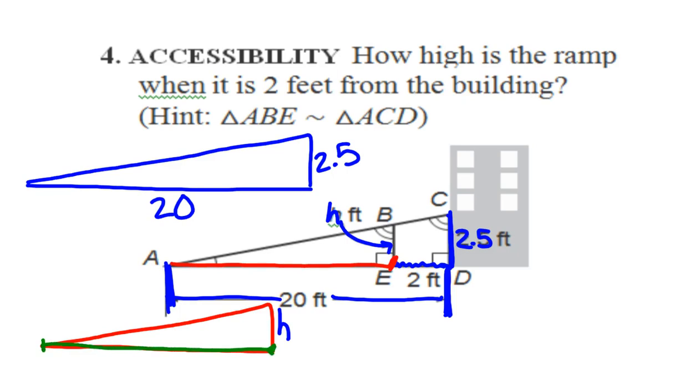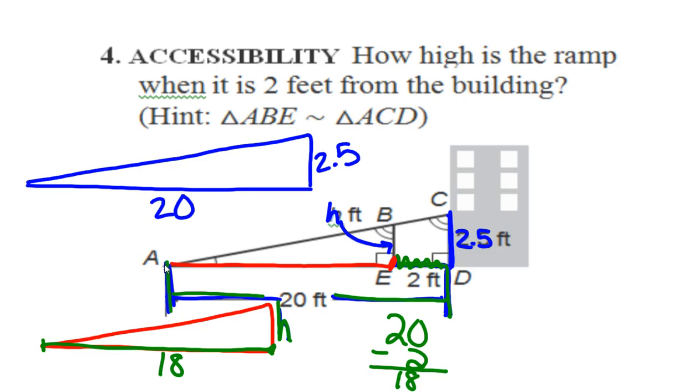So I can take the entire piece minus this little tiny part right here, and that's going to give me this side of that triangle. Now I can set up a proportion and find my missing height.